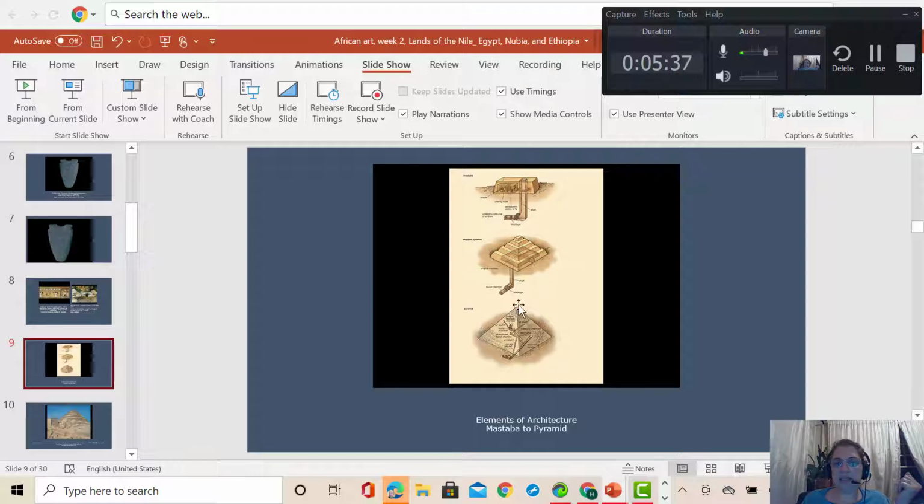And then the last would be a true pyramid, when we think of Egyptian pyramids. The way that the pharaohs were buried became more complex over time, because even during the ancient Egyptian time period, the tombs were being plundered.